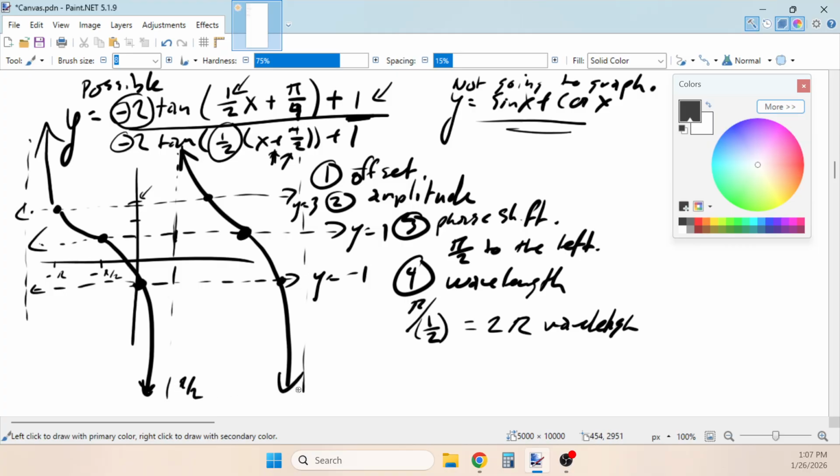This is at 5 pi over 2. This is at 3 pi over 2. This one is at pi. Steps are find the offset, amplitude, find the phase shift, find the wavelength. Then we plot.